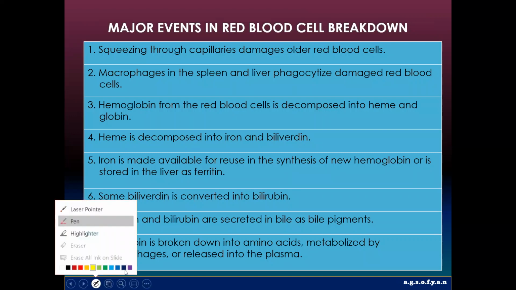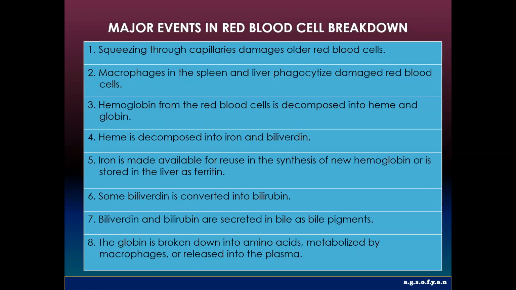Okay, this is a similar thing, showing the stages of red blood cell destruction. So the old red blood cell will be delivered to the liver. And then in the spleen and liver, it will be broken down into several parts.